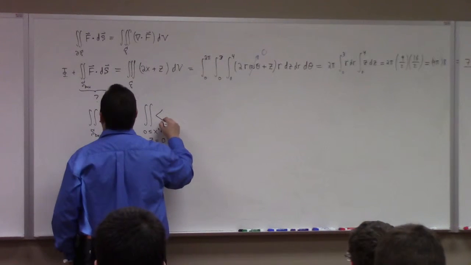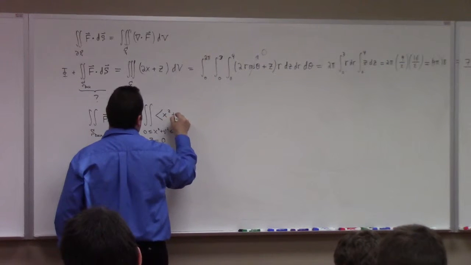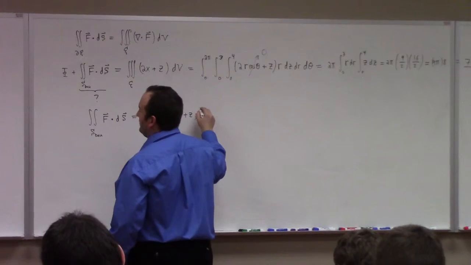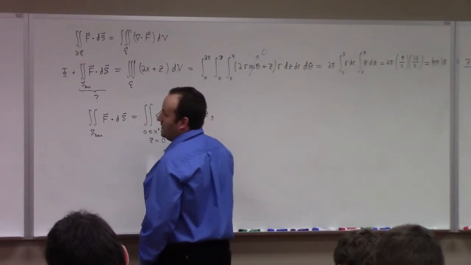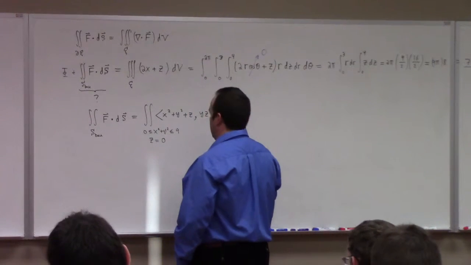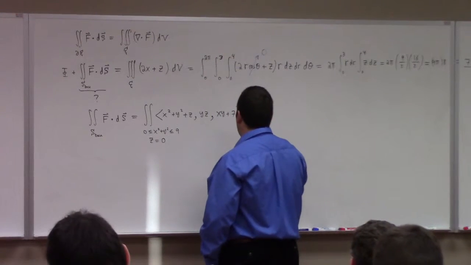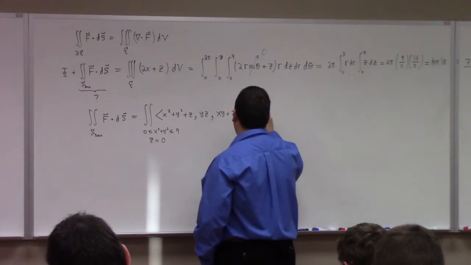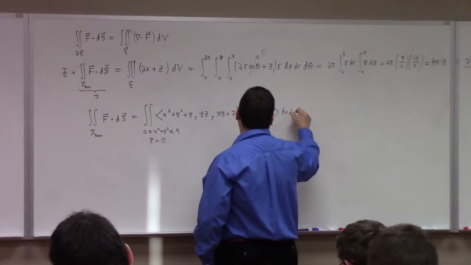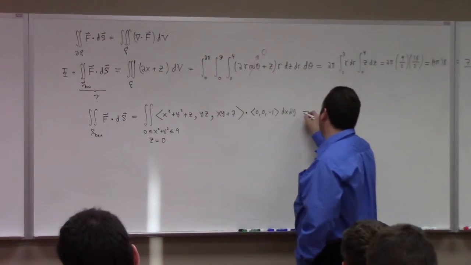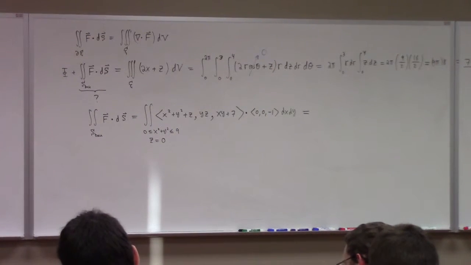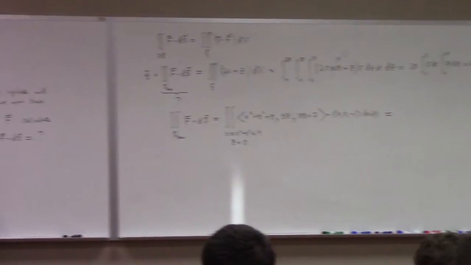And we're looking at the vector field x squared plus y squared plus z, comma yz, comma xy plus 7, dotted with the ds. Now what's ds? ds on the bottom is 0, 0, minus 1 dx dy. See, this is minus z hat dx dy.